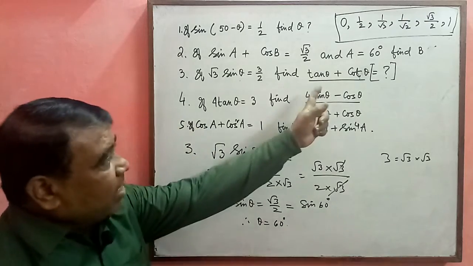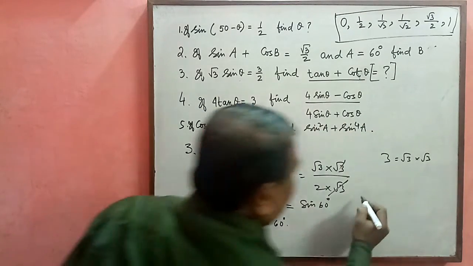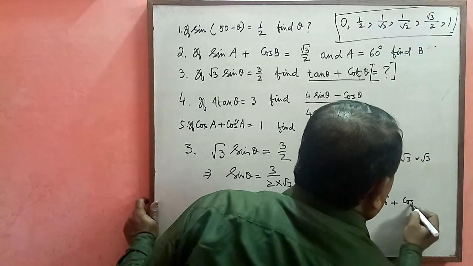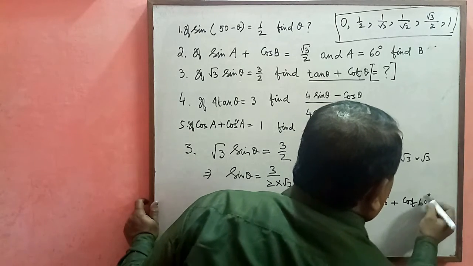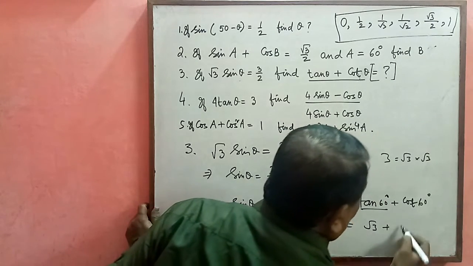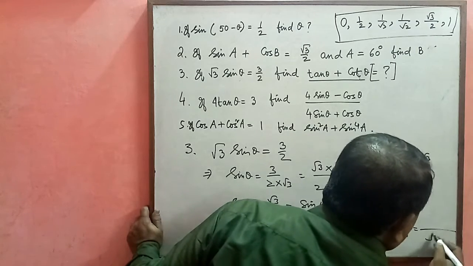Now we have to find out the value of tan theta plus cot theta. So tan 60 degree plus cot 60 degree is equal to tan 60, root 3, plus cot 60, 1 upon root 3. LCM is root 3.